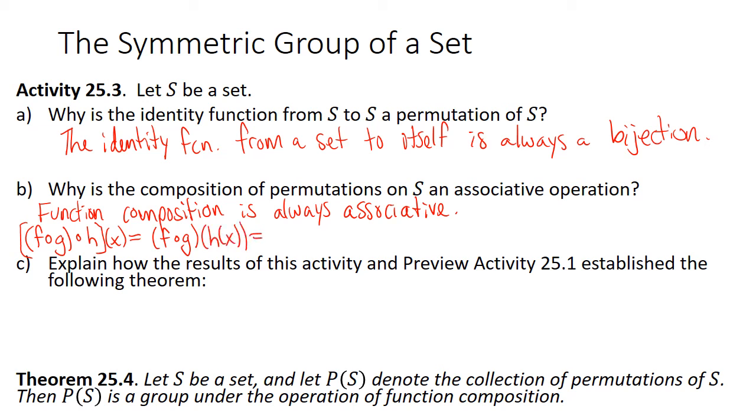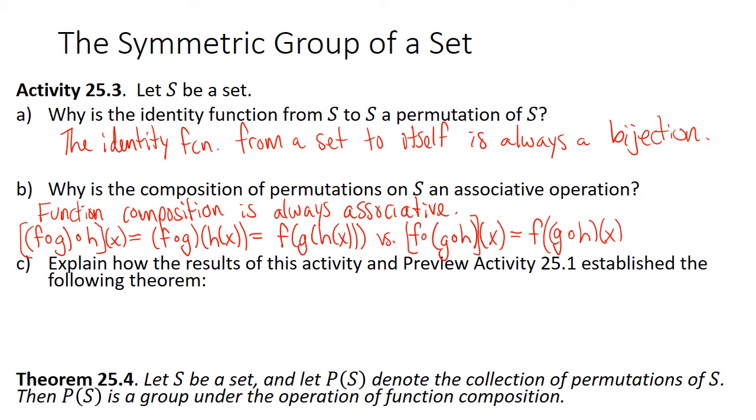And if you try to do it the other way around, you'll get the same result. So this is going to be f of g of h of x. It's so hard to write this function composition notation. So function composition is always associative.